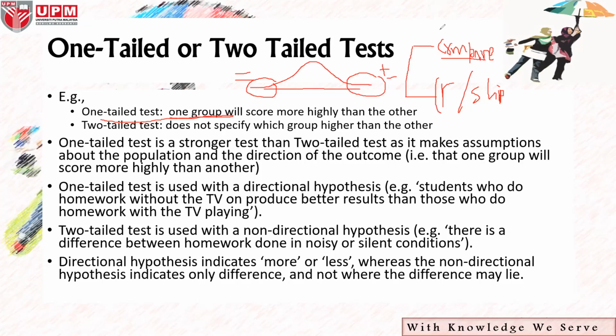If past studies indicated nothing about the direction, then you may propose a non-directional hypothesis, or two tail. The other name for one tail is directional hypothesis. For two tail it is non-directional hypothesis. Okay, any questions so far?